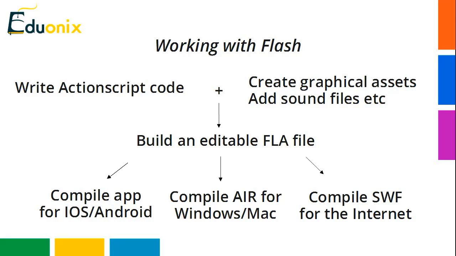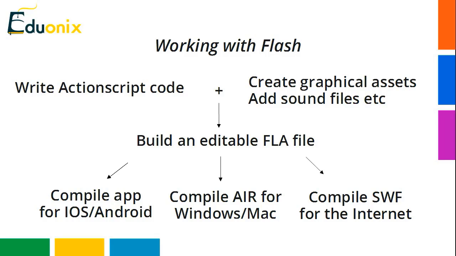And what compile means is to make it compatible with an operating system, or in the case of Flash, you can also make it compatible with the Flash player, which is used on the internet. So as I mentioned, a key advantage of using Flash is that you can compile it for many different platforms.